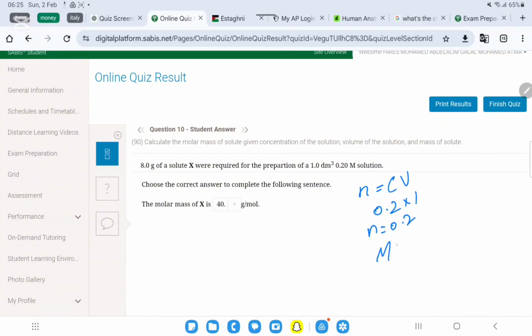Molar mass is grams per mole. So we find the grams, they gave it to us, it's 8 over moles 0.2, and you get 40. You divide 8 by 0.2, you put it in the calculator, you get 40.